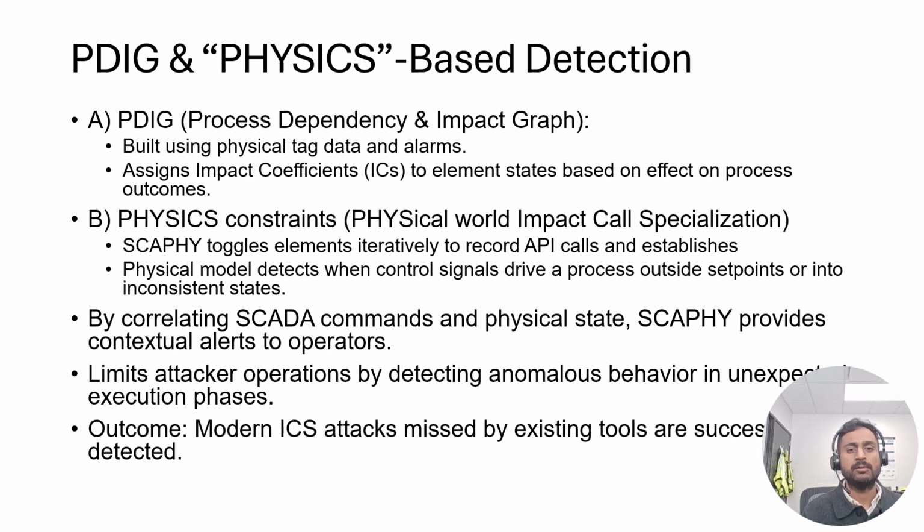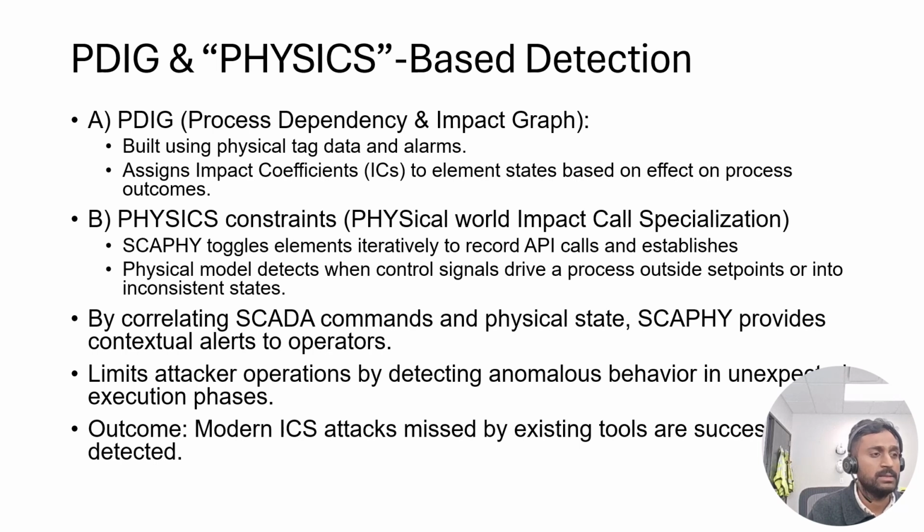Scaphy does an iterative process of changing tag values in the simulation environment, and through this process, they accomplish a couple of things. One is called the PDIG, which is Process Dependency and Impact Graph. It enables SCADA to assign each element an impact coefficient. Elements are things like tanks or any process states.